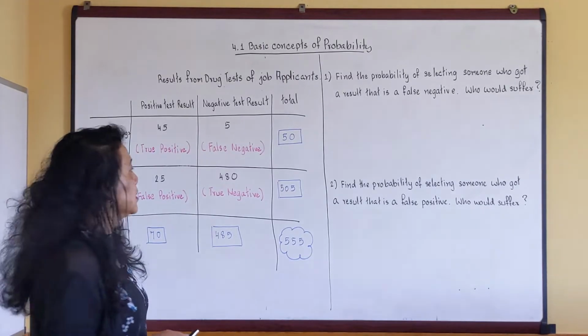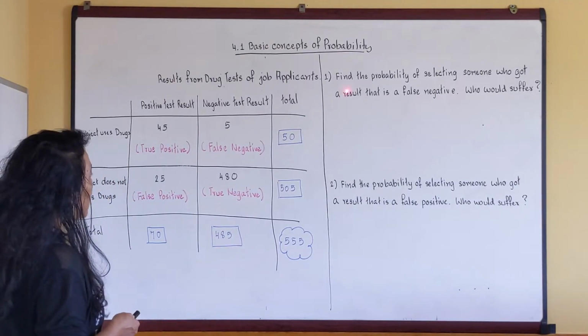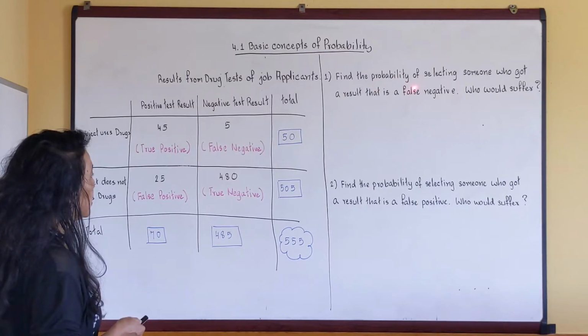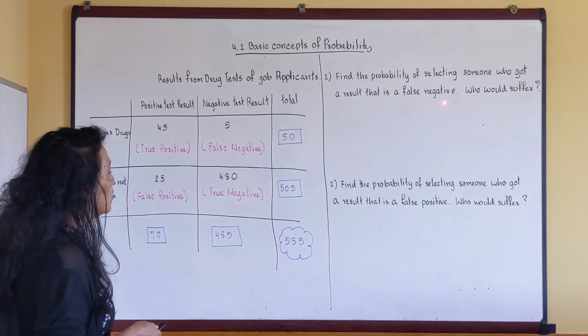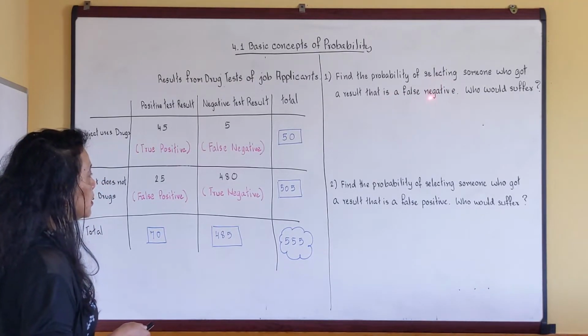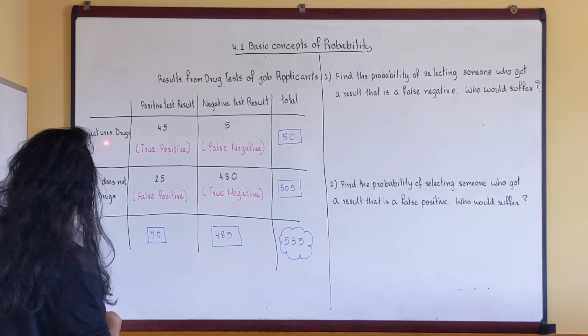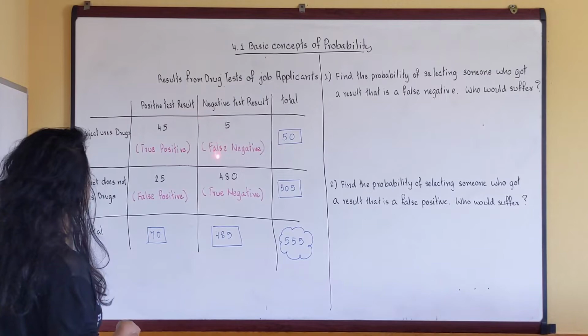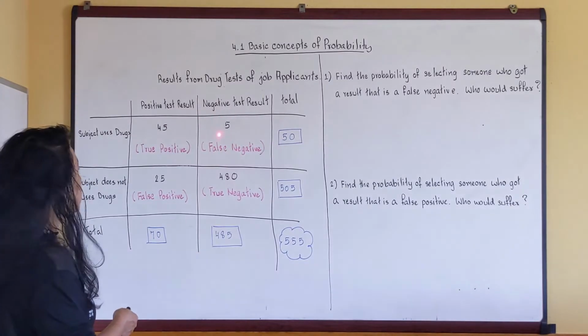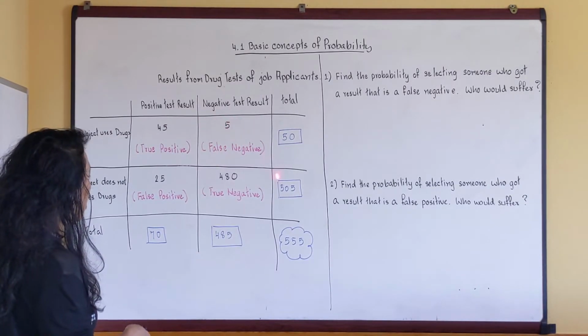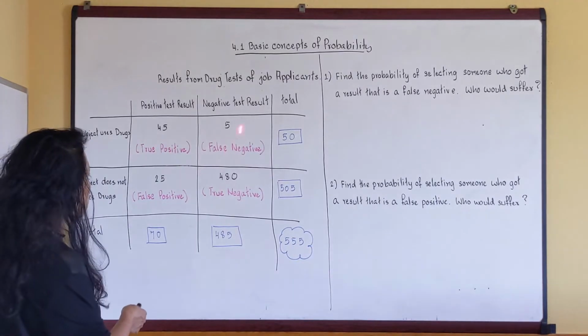So let's look at the first question here. They ask you to find the probability of selecting someone who gets a result that is a false negative. False negative means it's negative but he took drugs. So subject took drugs but it turned out negative, so it's this one. So it's 5 out of everybody, right? There's 5 of them.